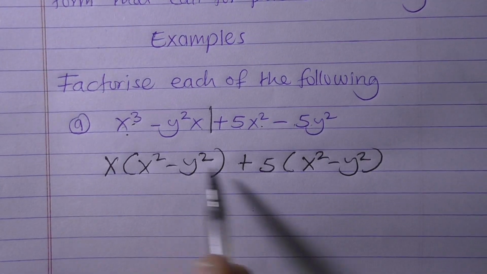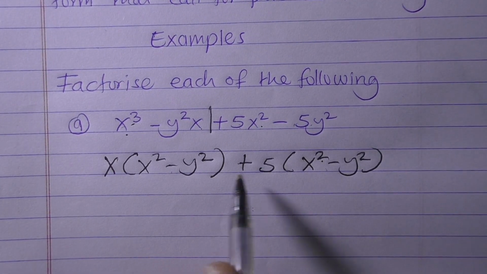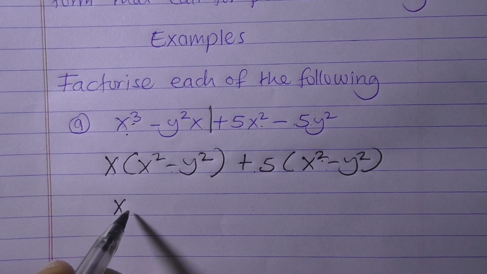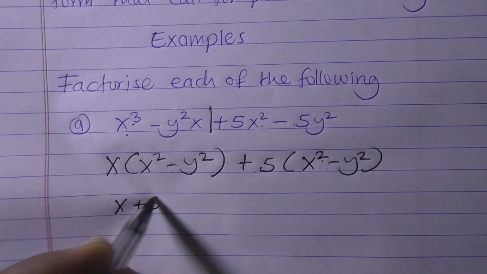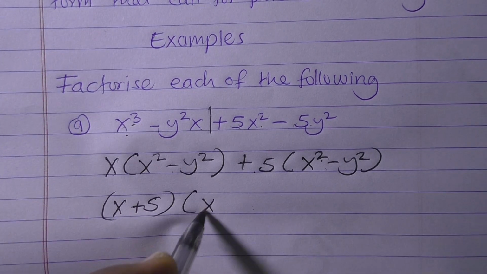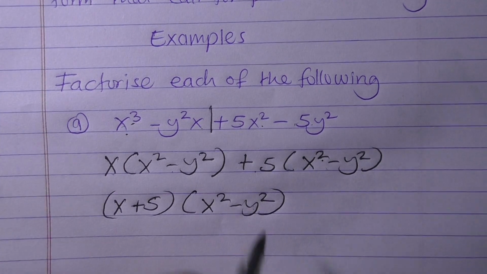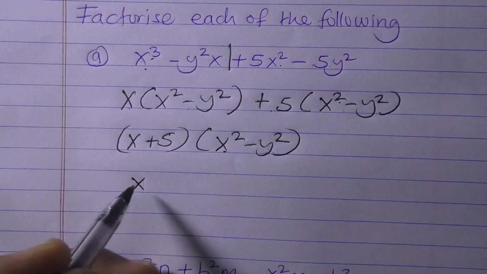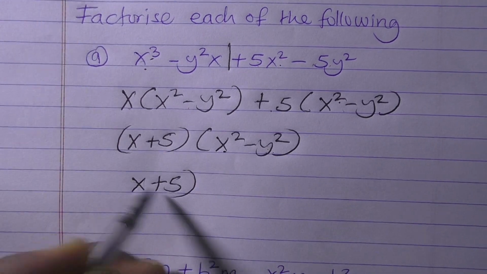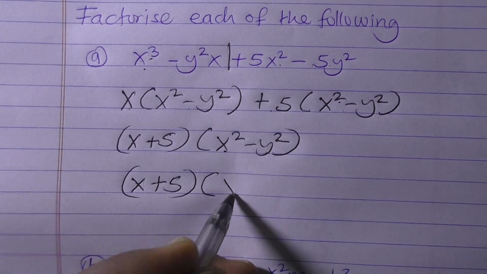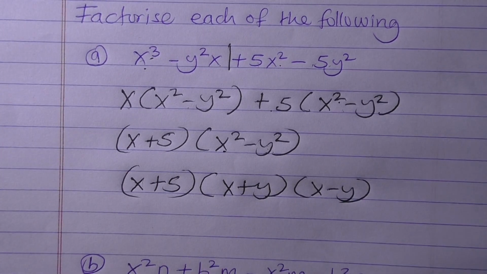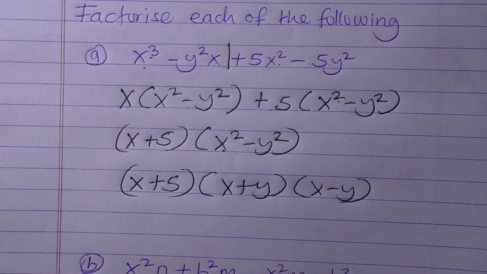And now, since I have same brackets, I'll take these ones outside in a common bracket to give me x plus 5 and x squared minus y squared. But this is a difference of two squares, which I will continue to factorize by getting the product of the sum and the difference. So that becomes my final expression on that.